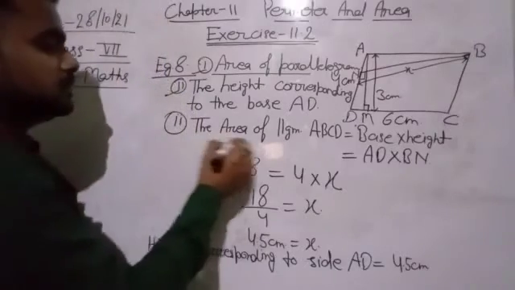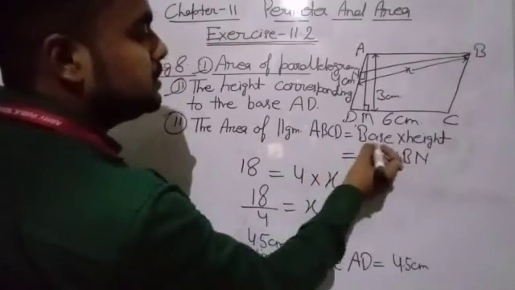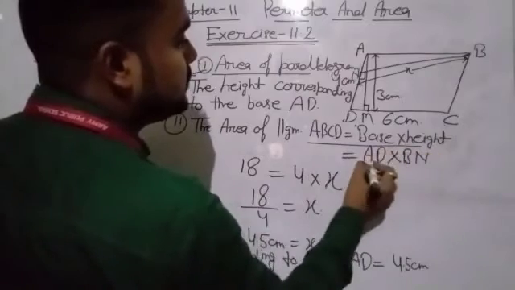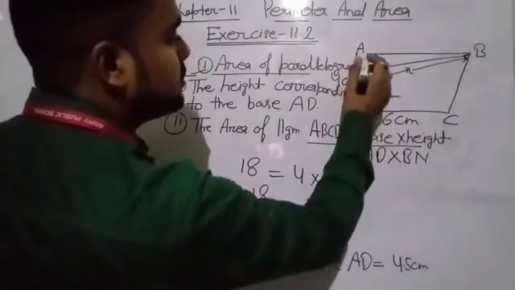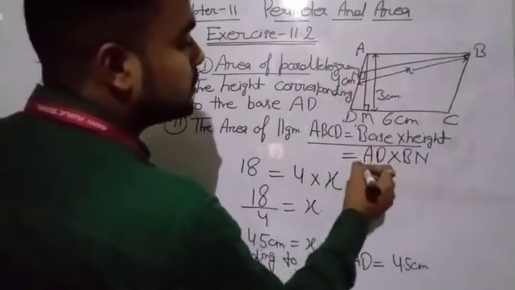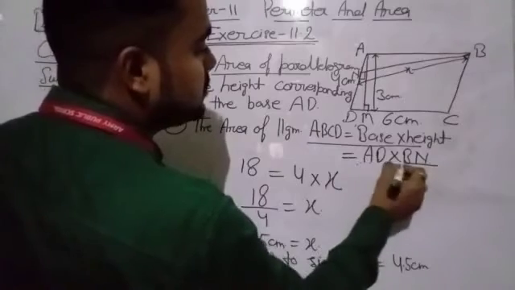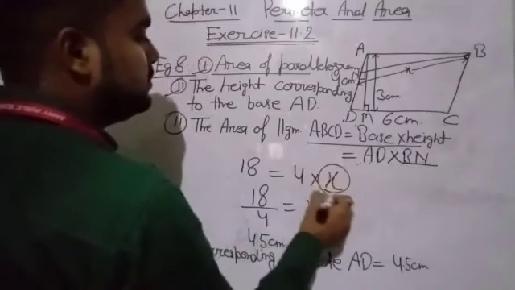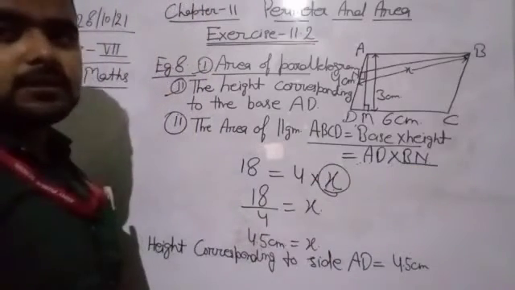So the area of parallelogram ABCD will be base into height. If the base is changed now, that is 4 centimeter, then the height corresponding to it is BN. So here we find BN, and here we let it as x.